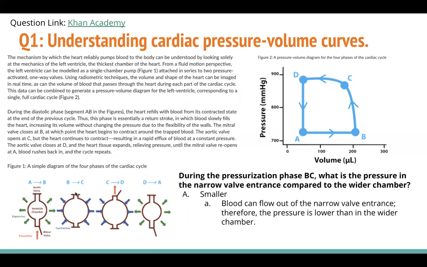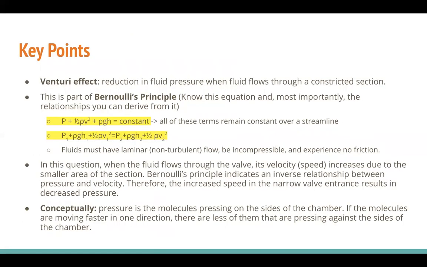I was confused at first too: if there's a smaller area, doesn't that mean there would be greater pressure? However, it doesn't work like this, and this is because of Bernoulli's principle. Bernoulli's principle is exceptionally important. It's quite possibly the most important equation in fluid dynamics. You really need to know this equation, but most importantly, know the relationships you can derive from it.